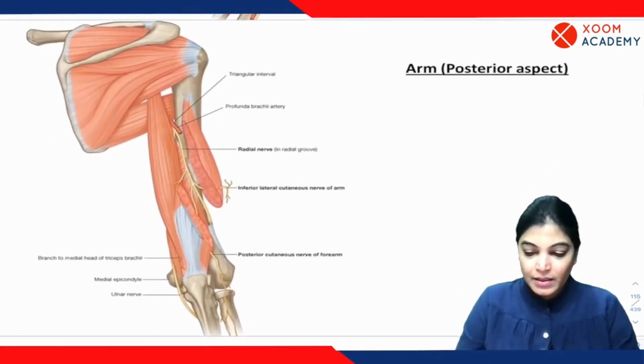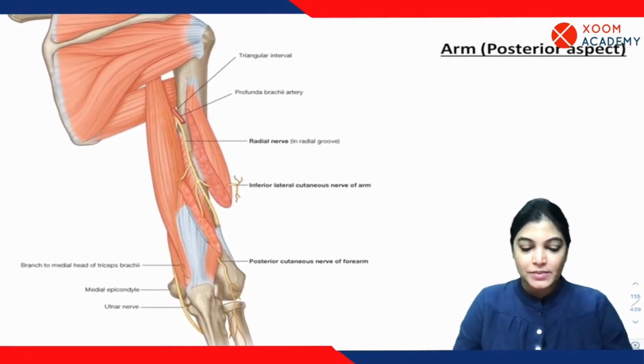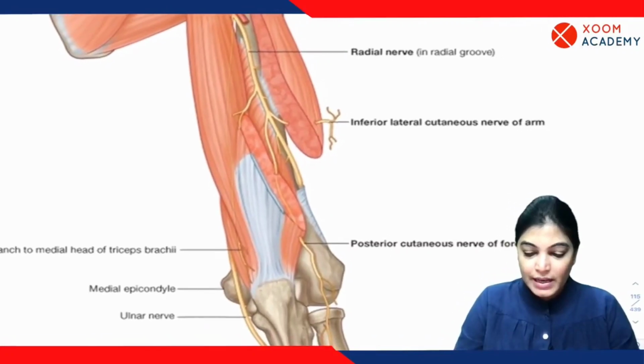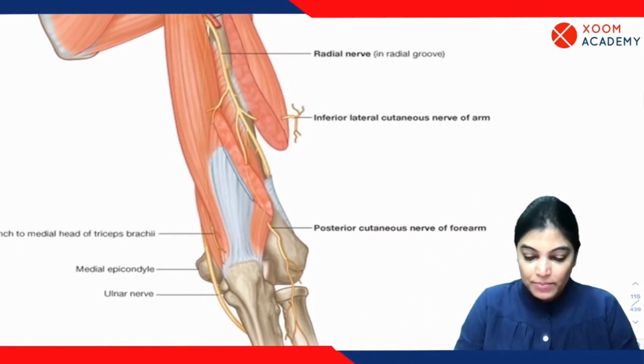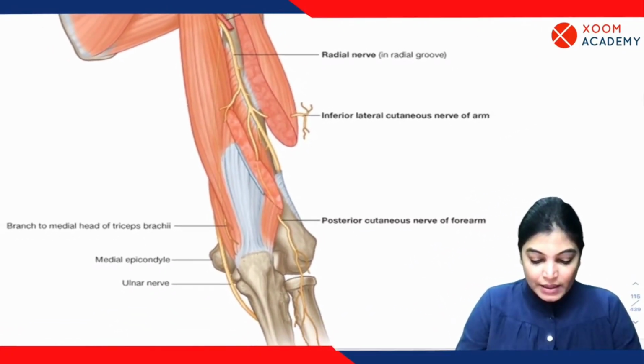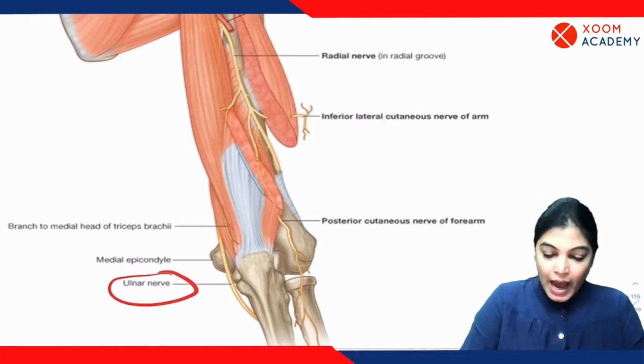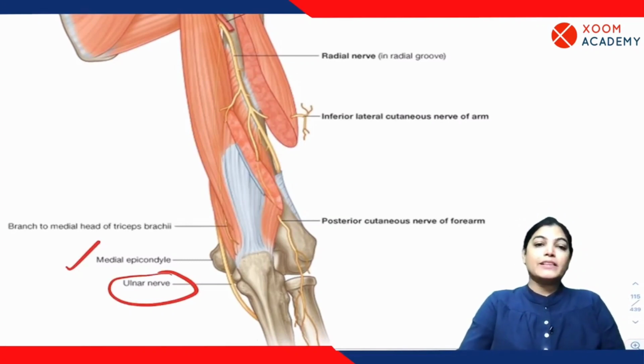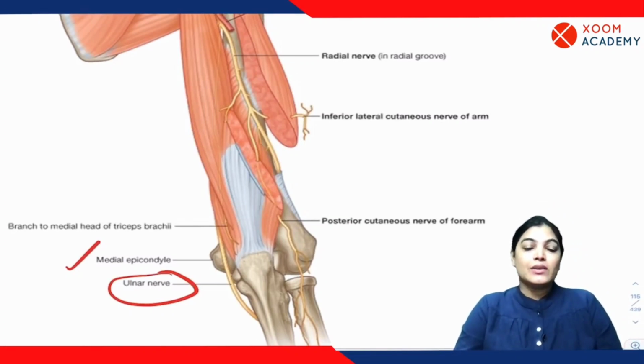So, see here. Here, I want you to show the posterior aspect of the arm. This is a posterior aspect of the arm view, which is again enlarged here so that you can appreciate it. You can clearly see this is the ulnar nerve, running onto the posterior aspect of the arm, and it is related to the posterior aspect of the medial epicondyle.